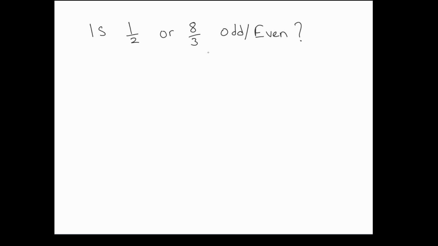The concept of odd or even only works for integers. And so 1 over 2 or 8 over 3, they're not odd or even because both 8 over 3 and 1 over 2 are not part of the integer set. So the concept doesn't work for them.